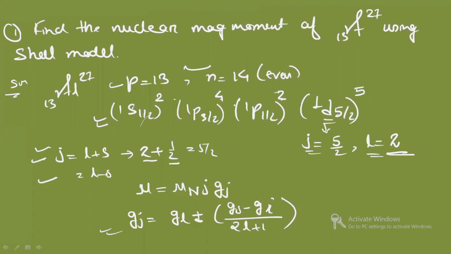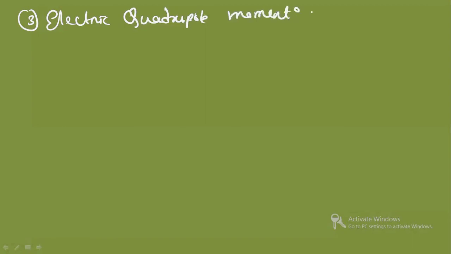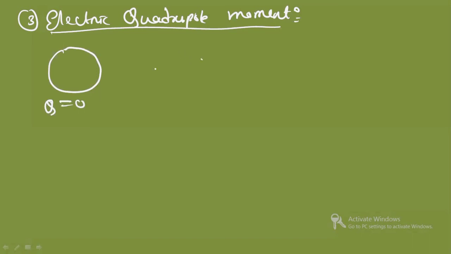All right, now we will see the last application, that is the electric quadrupole moment. I have already discussed this in the basic classes, so I will just give you a brief. If the charge distribution is spherical, then electric quadrupole moment is equals to 0. If it's oblate, then it is less than 0.